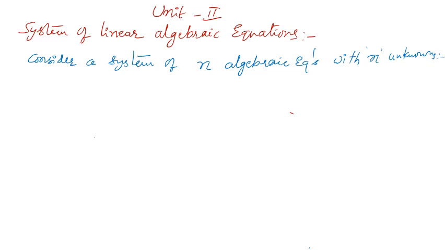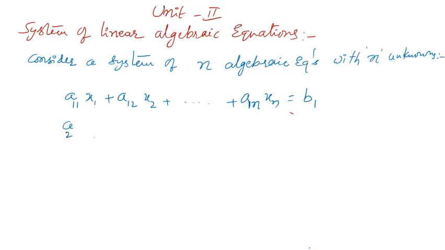How to write this one? First equation, a11x1 plus a12x2 plus and so on, a1nxn equal to b1.